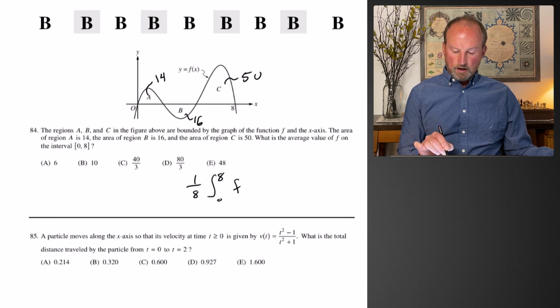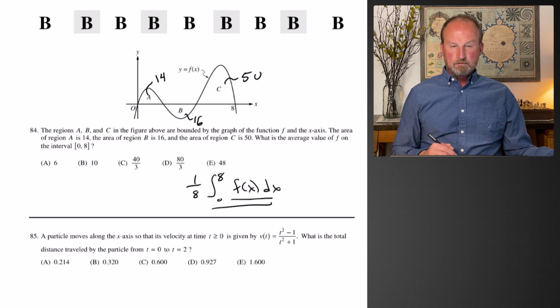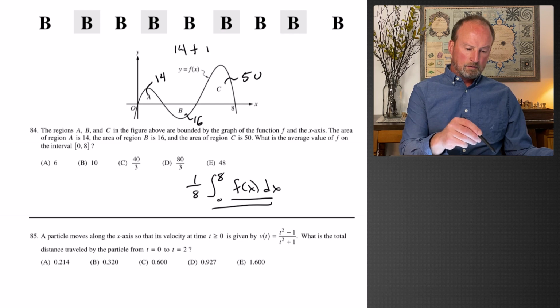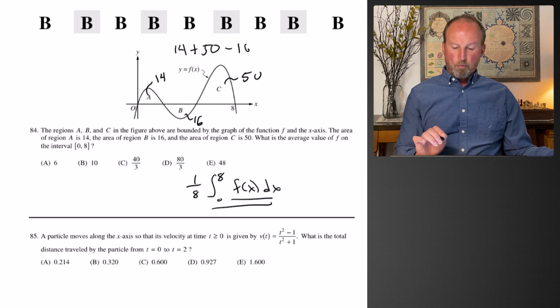What is this integral going to represent? The area underneath the curve. So it's 14 plus 50, because those are my positives, minus 16.